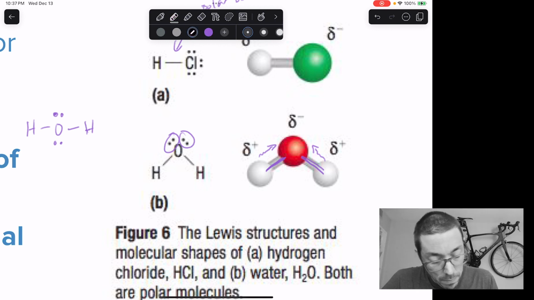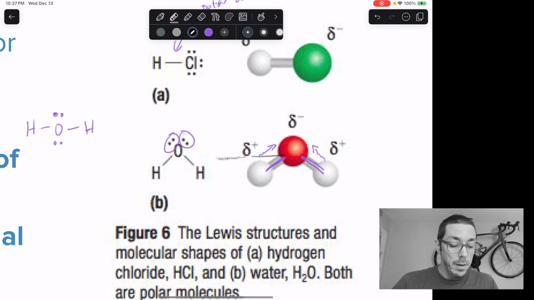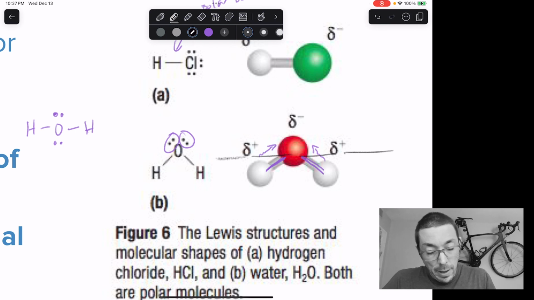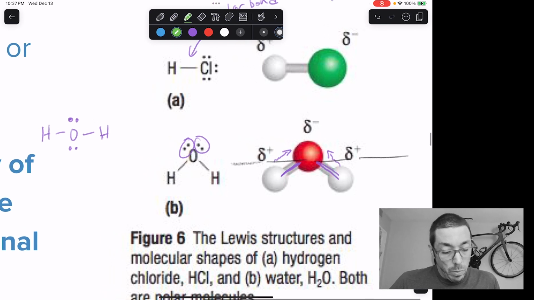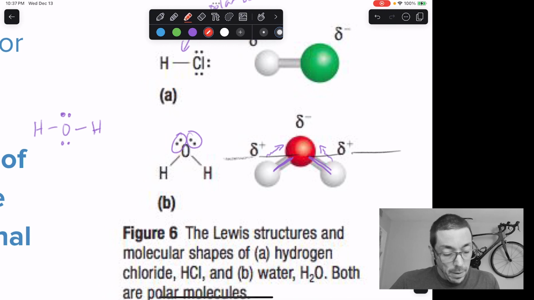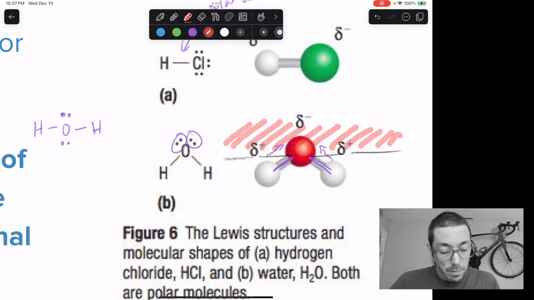So if we cut this molecule in half, then we could say, let me get my blue or my red here. Red indicates more negative, and blue indicates more positive.